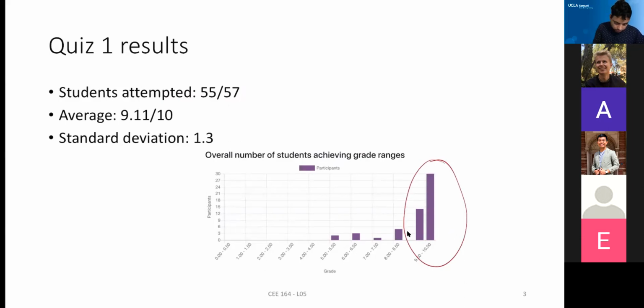Also, I want to point out that a total of 55 students took the quiz. That means two students didn't attempt it. It's not going to affect your score unless you also don't attempt another quiz, because you just have to take the next three quizzes and that's your score.